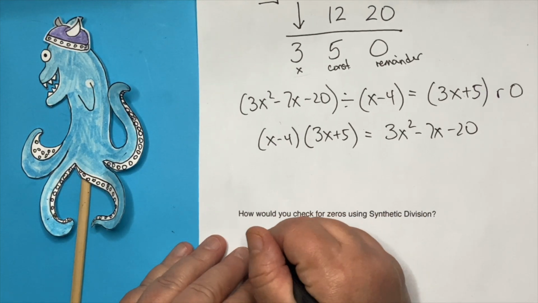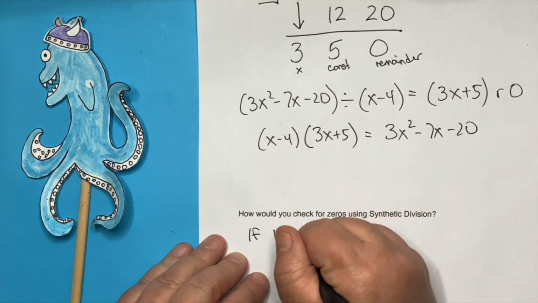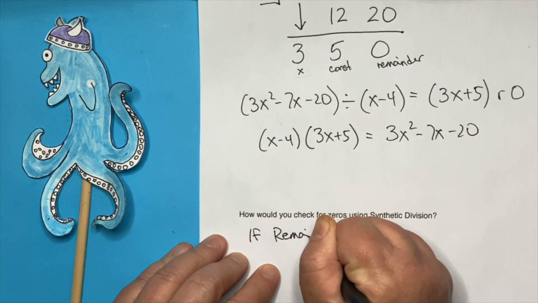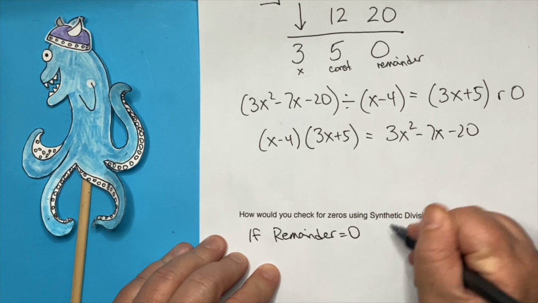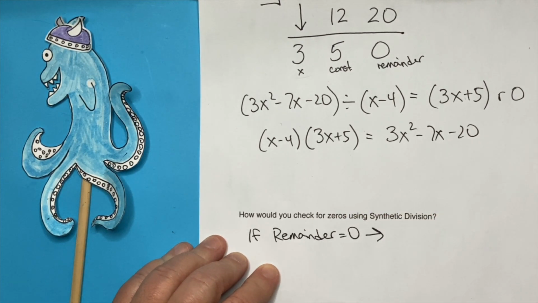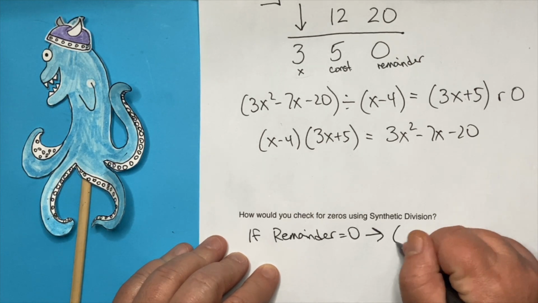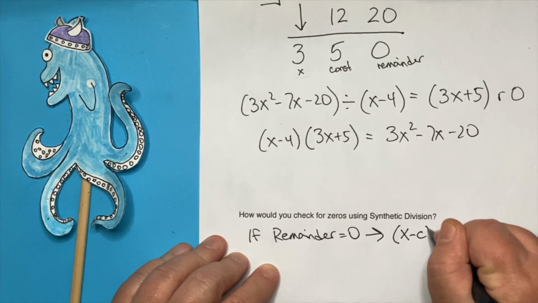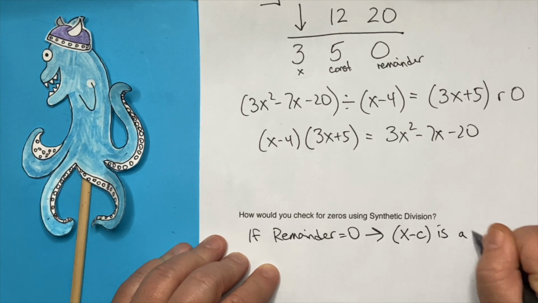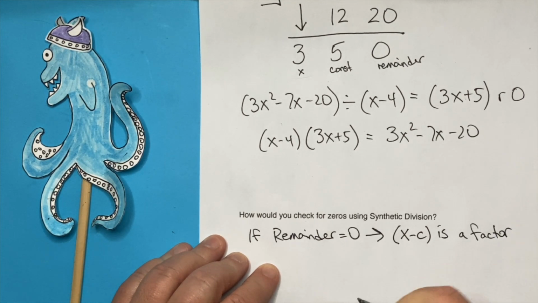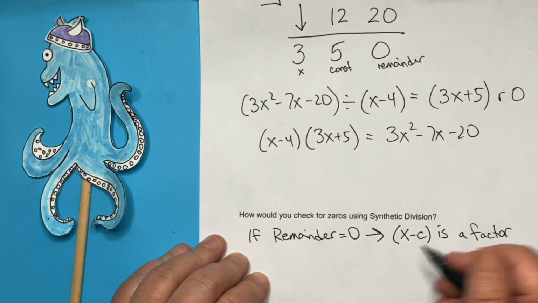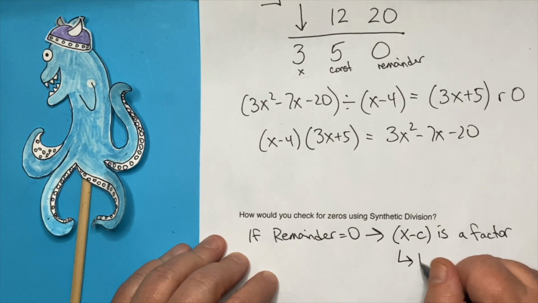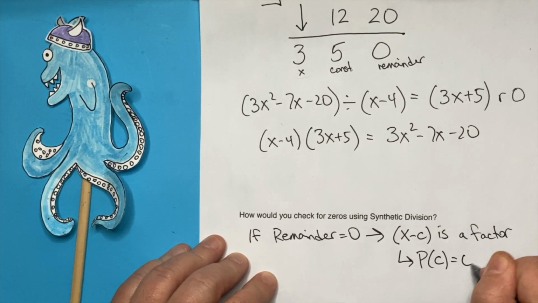So if the remainder equals 0, remember from our previous sheet, if the remainder is 0, then x minus c is a factor. And if x minus c is a factor, that means that p of c equals 0.